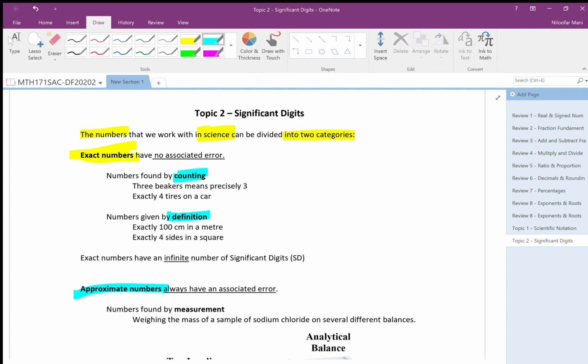So exact numbers have an infinite number of significant digits, and for this I can talk about it later because we don't know the number of significant digits yet, or what it means. But I can tell you now. When I have something, for example, 4 sides, or 100 centimeters, or 4 tires in a car, or 3 gifts, or 3 beakers, these are coming by counting or by definition.